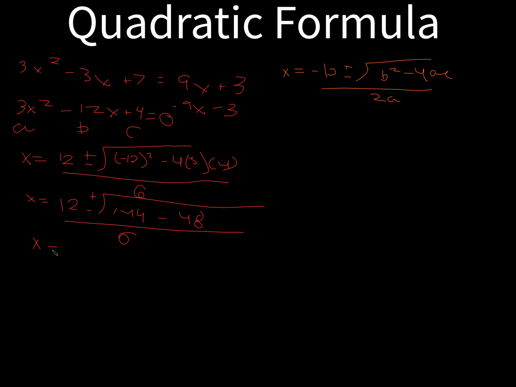Carrying down this x, we're just going to continue working. 12 plus or minus 144 minus 48. Now here we're going to go ahead and write in to finish off this first step of simplifying our numerator. So we'll have 12 plus or minus the square root of 96 over 6.